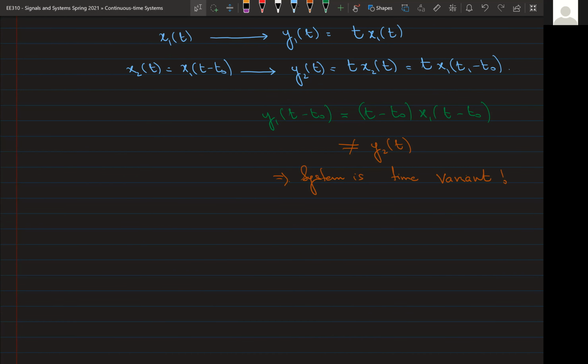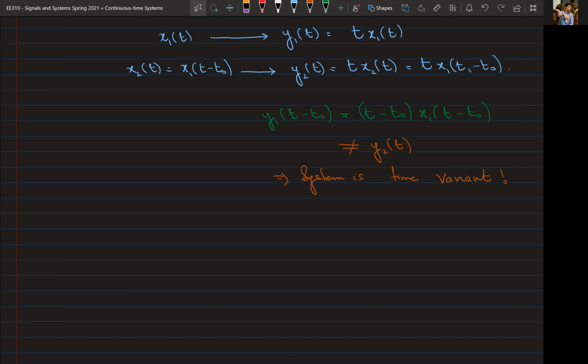But in x2 you replaced t with t1 minus t0, so why did you not change the outside t? t is not equal to t minus t0. Oh, okay, that's x1. Yeah, so the input changes.